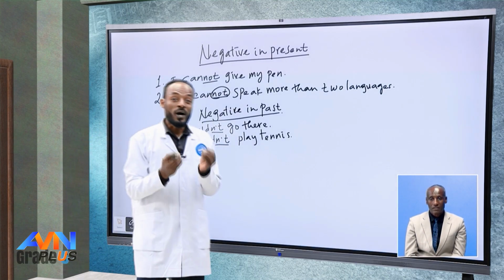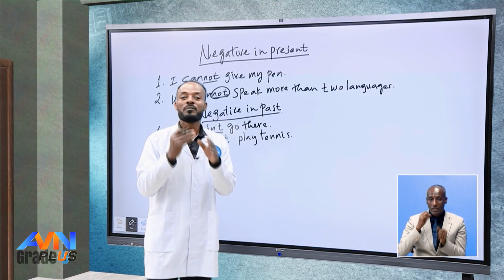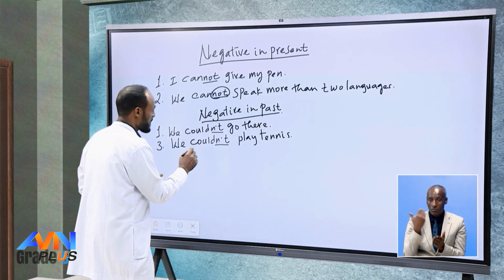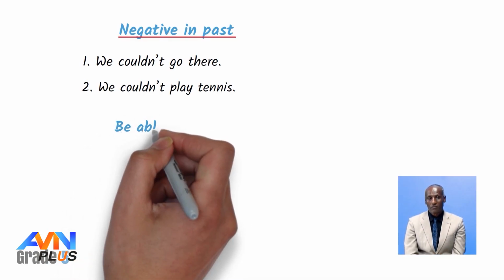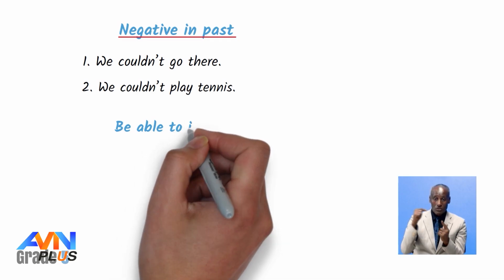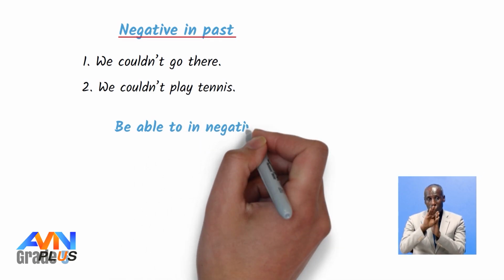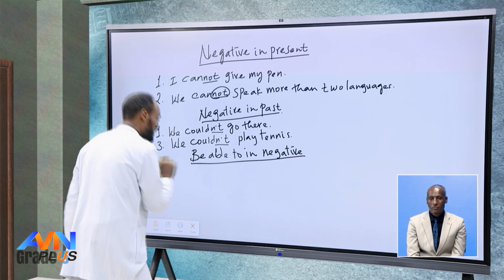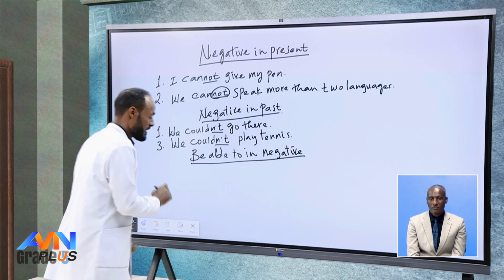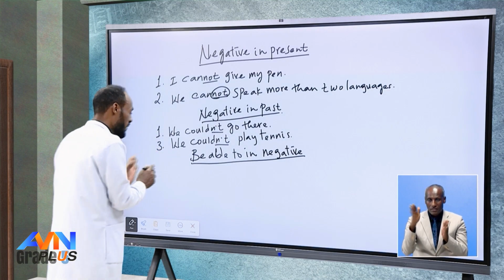Nice. What about be able to in past and in negative forms? Come on. Be able to in negative. Here, where we're using such kinds of structure, we have to use what?